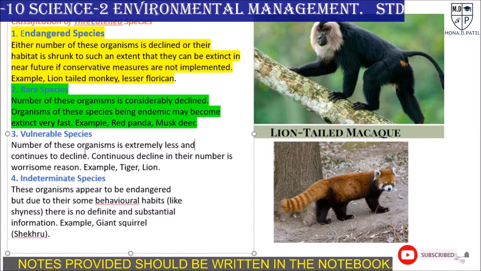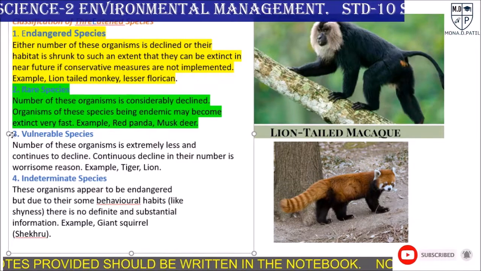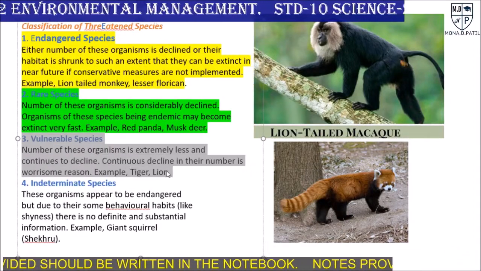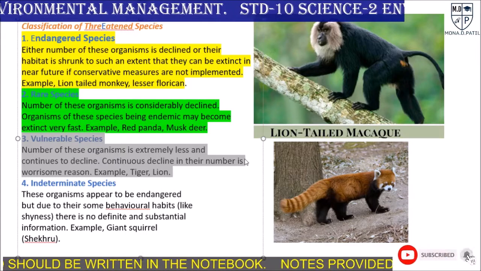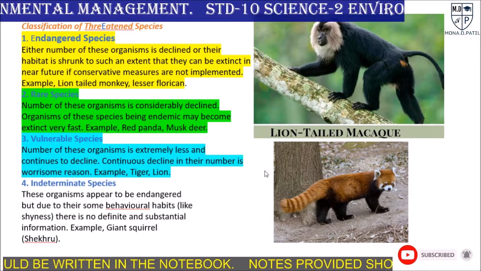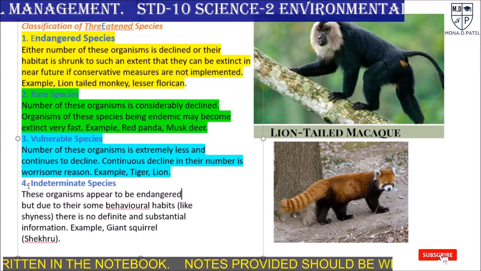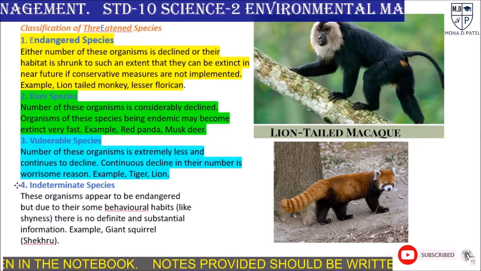Then vulnerable species. The number of this organism is extremely low and continues to decline. The continuous decline in their number is a worrisome reason. For example, tiger and lion. Then indeterminate species, the last one.